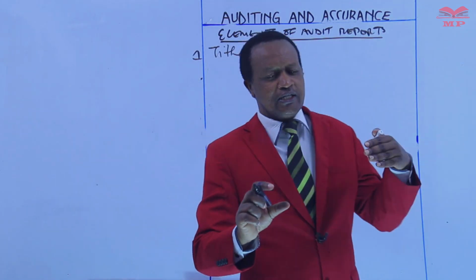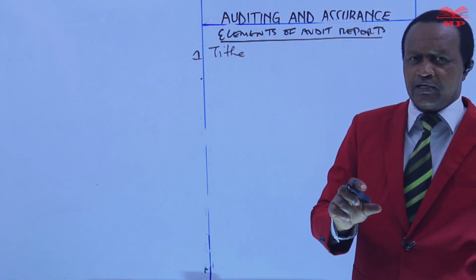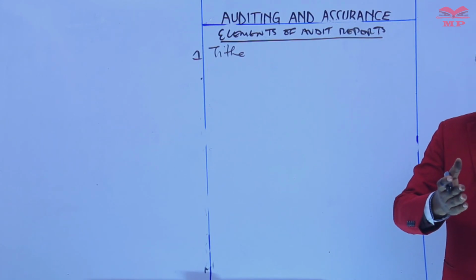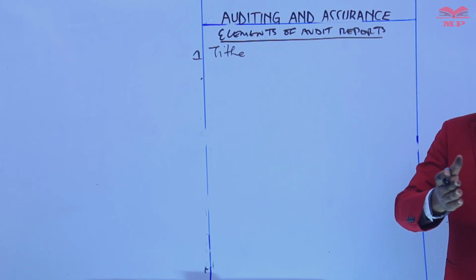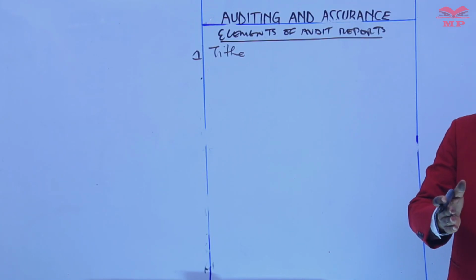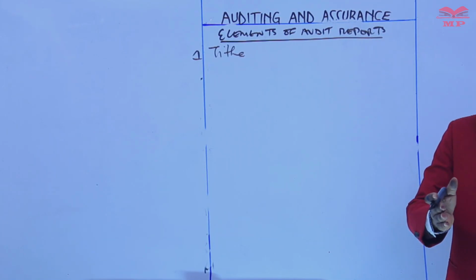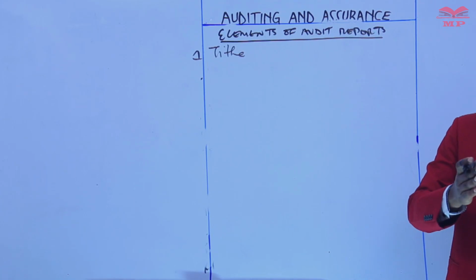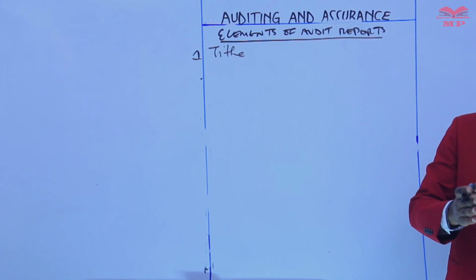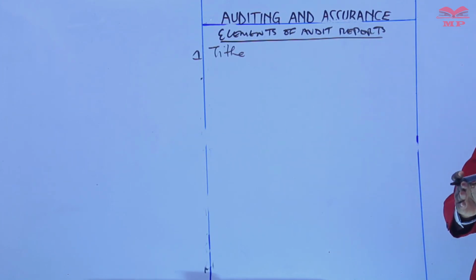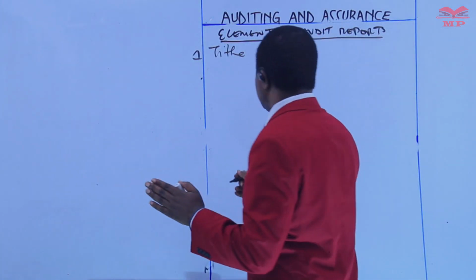And the audited entity. The title also shows the period covered by the audit. So the section on the title indicates the name of the audited entity. It first of all states the report's title.